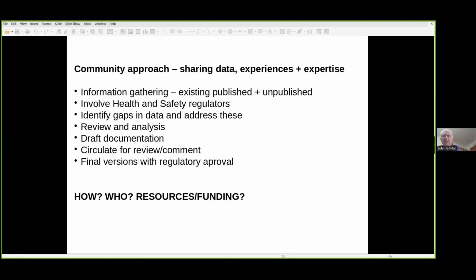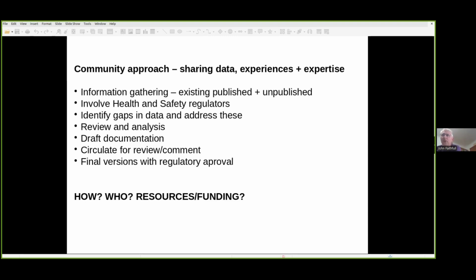And I think getting together to gather useful and potentially useful information and experiences, published and unpublished, and collate those and identify key common good practice threads, working with health and safety regulators, who actually are very hard-nosed people who are driven by data, facts, and epidemiology.